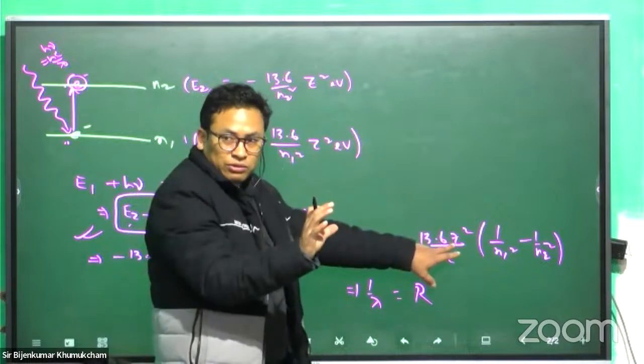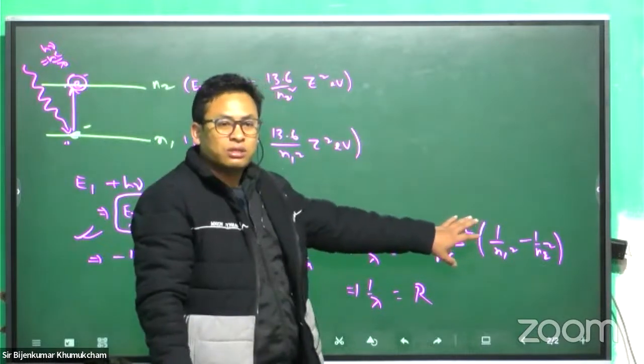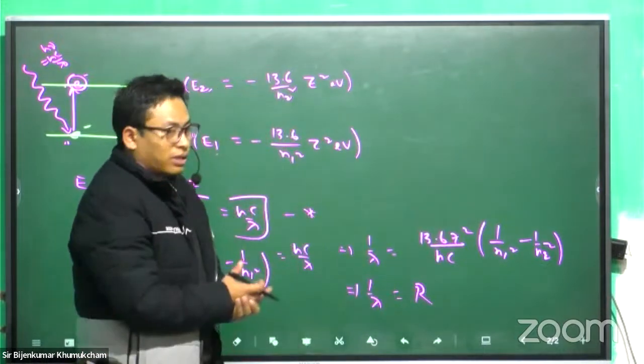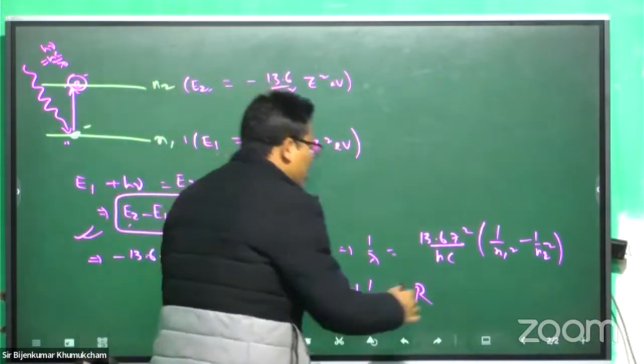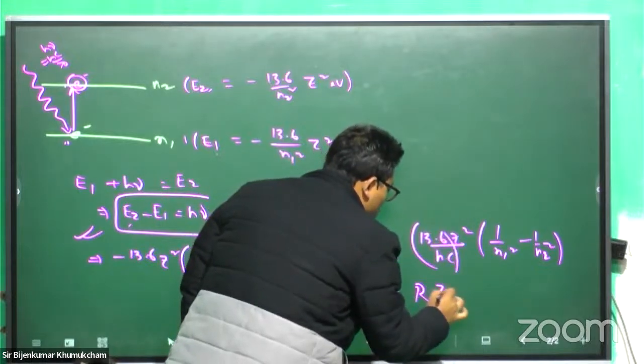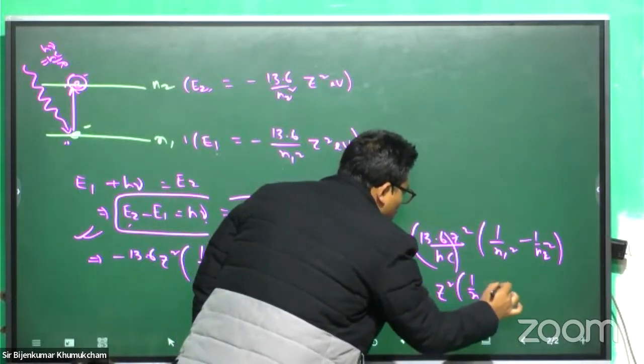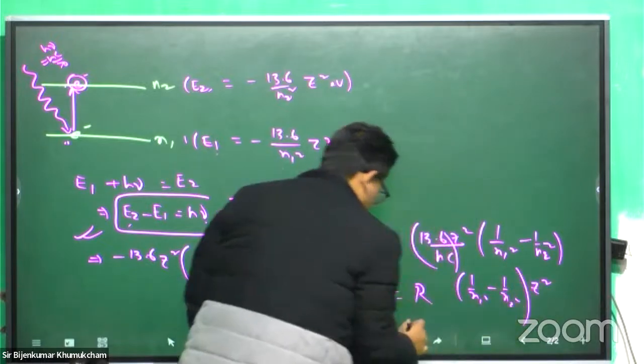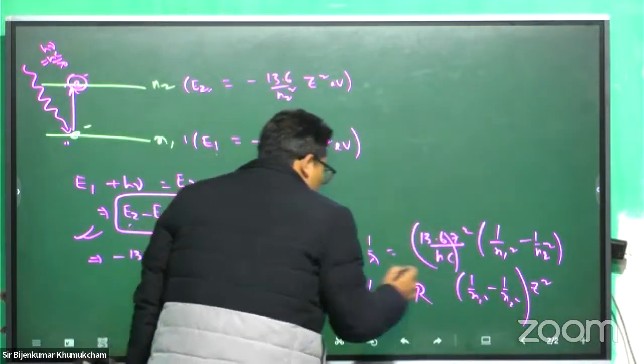For a given atom, Z is constant. Then I can write R times Z square times 1 by n1 square minus 1 by n2 square. Let me write this: Z square here. Is that clear?